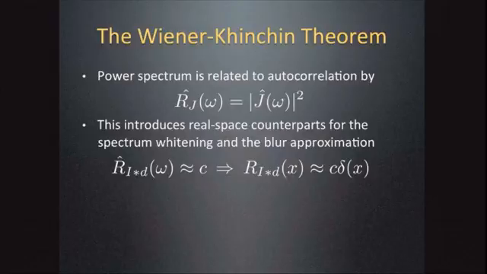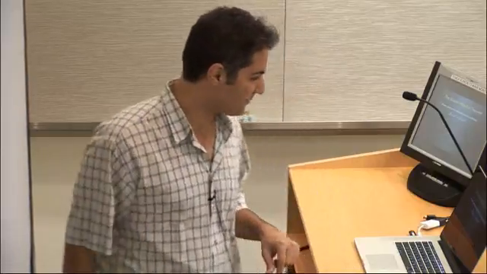Another useful identity that we will have to use is the Wiener-Khinchin theorem that relates the Fourier transform of the autocorrelation of a function with the absolute value, the power spectrum, of that signal. Autocorrelation is actually the convolution of the signal with a mirrored version of itself, which is in Fourier space a pointwise multiplication between the signal and its conjugate. So we get the absolute value in Fourier space. It's a very useful relation.